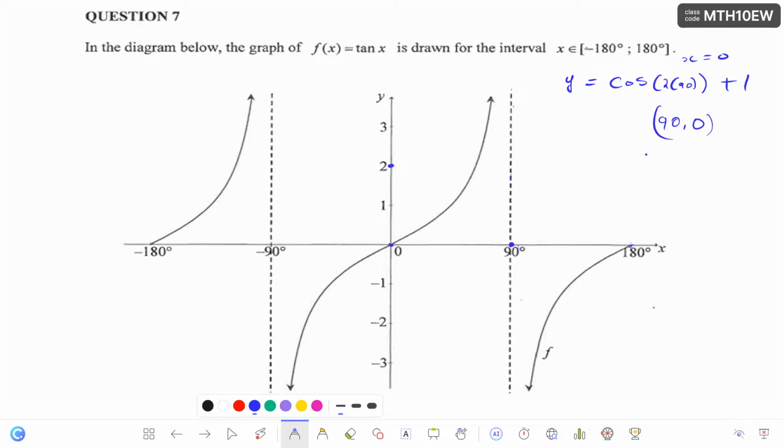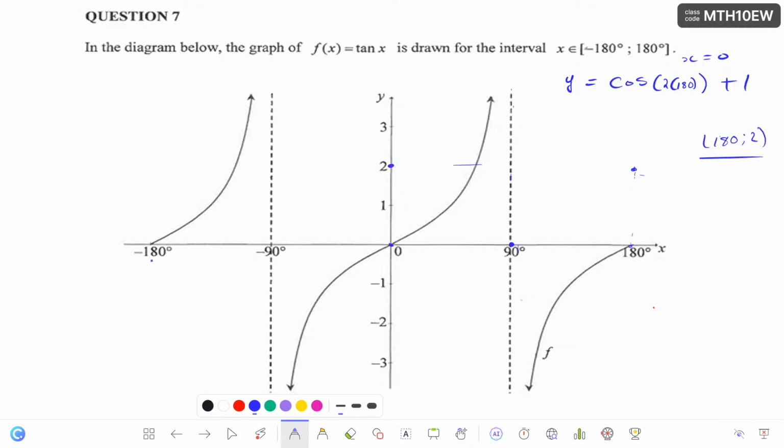Then the third one, you're going to remove 90 and put 180 degrees. What are we going to get? We're going to get positive 2. So this point is somewhere here because 2 is here. So it is 180 degrees and 2.